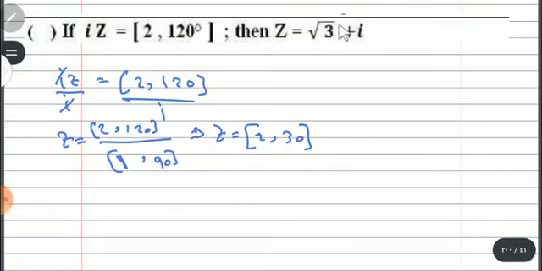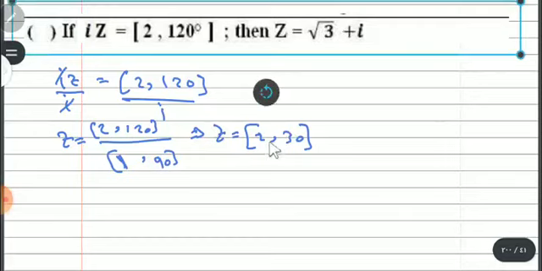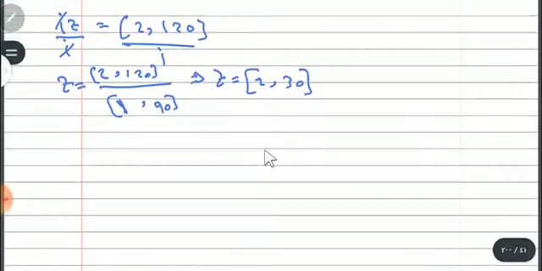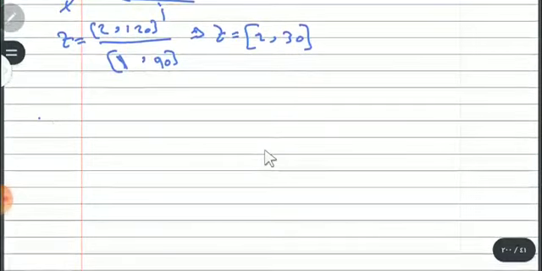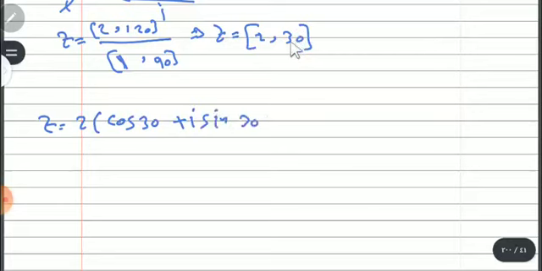So what am I going to do now to change this to algebra form? How, teacher? Come with me, I'll show you. So z equals, first of all, to change from polar form to algebra form, I have to write it in general form. So it will be 2 as the length, times cosine of the theta, which is 30, plus i sine theta, which is 30.